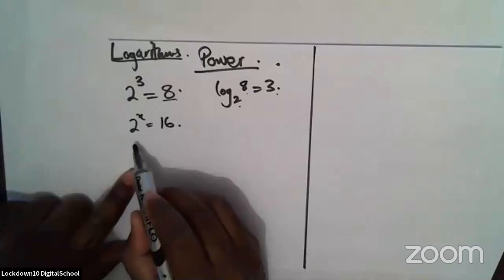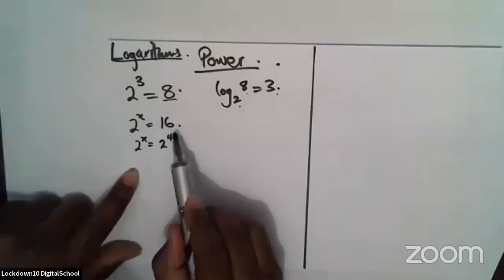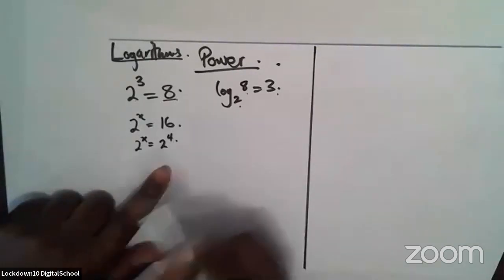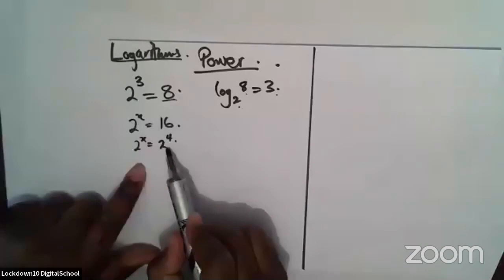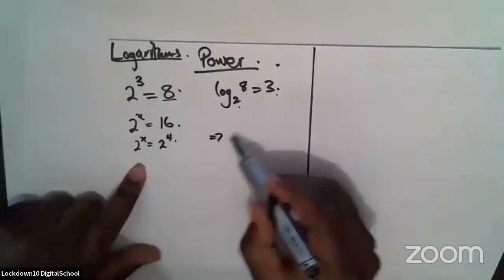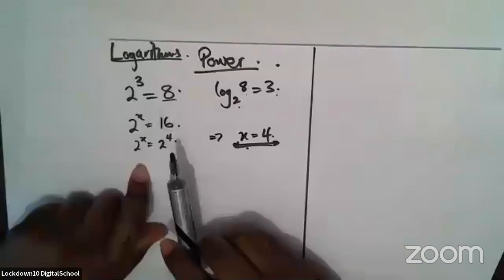So I can say 2 to the power x is equal to 2 to the power 4. If the bases are the same, the powers are the same. So x is equal to 4.